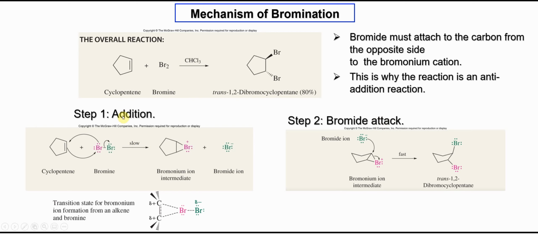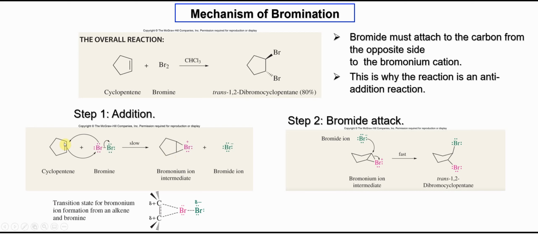Step 1, you have your cyclopentene and you have your bromine. This Br2 is going to be subject to heterolytic bond cleavage. These 2 electrons are retained by the bromide to form a negatively charged ion.